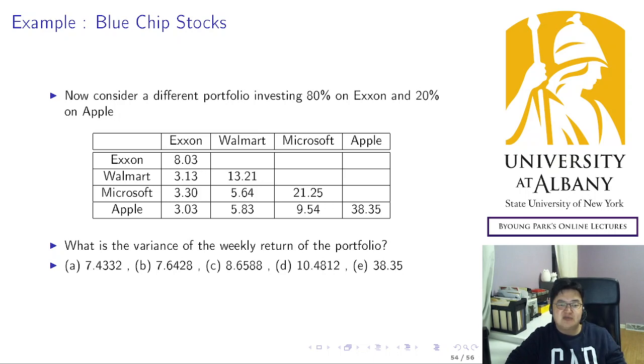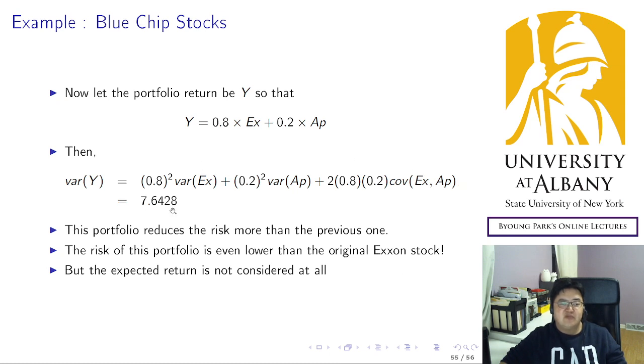The answer is quite surprising, right? Because the answer is 7.64. By the way, first, it's mechanical, it's automatic. The variance of the new portfolio is weight squared, and cross product, and plug in the variances.